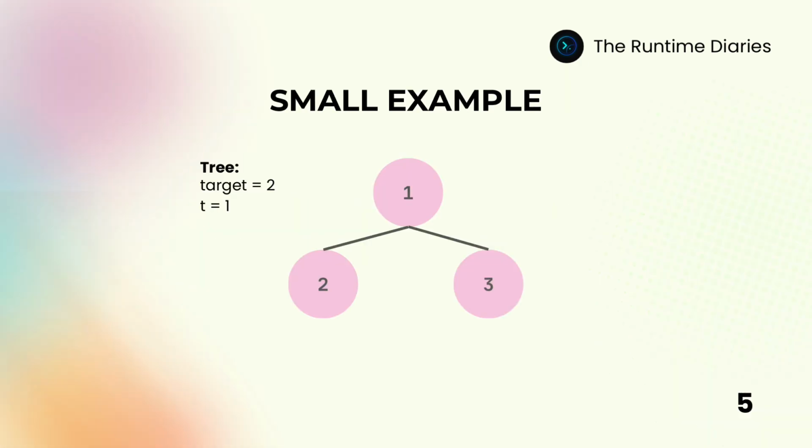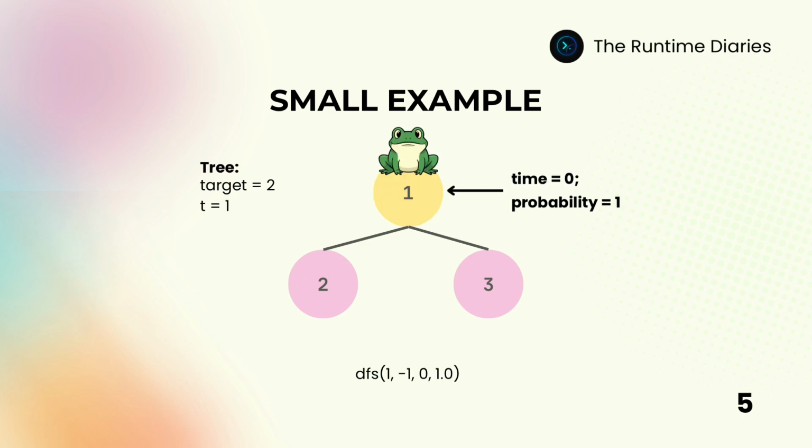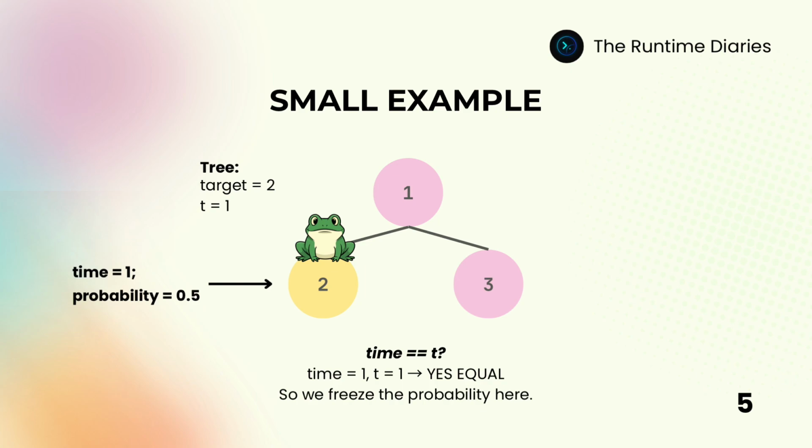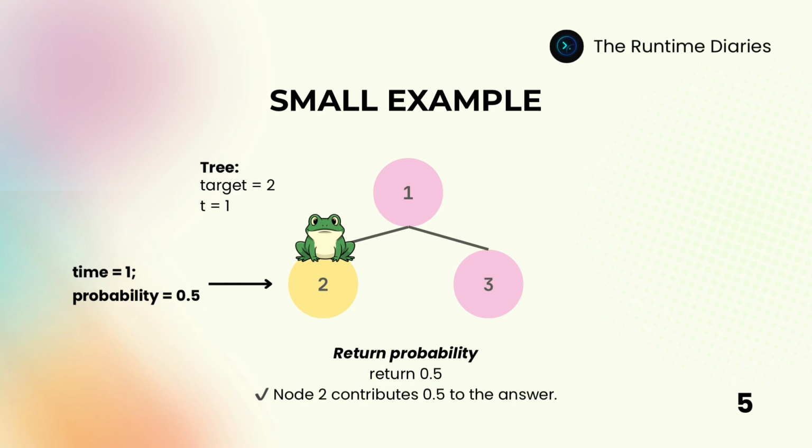Let's look at a tiny example. We have a tree where node 1 is the root with children 2 and 3. At t equals 1, the frog must leave node 1. It randomly picks 2 or 3, so each has probability 0.5. At t equals 2, nodes 2 and 3 have no unvisited neighbors.